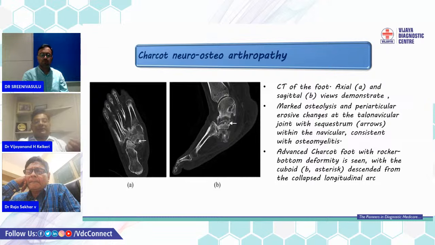Sometimes these subtle findings can be missed, but if there is continuous pus discharge, we can always see it on the X-ray also. But this is one of the pictures showing a clear-cut lytic area with a small sequestrum within it, and you can see this cuboid bone is almost completely coming down and pressing the plantar fascia inferiorly, suggesting it's a rocker bottom foot.